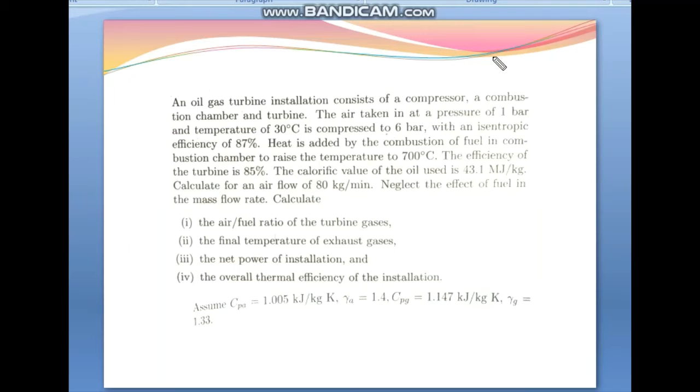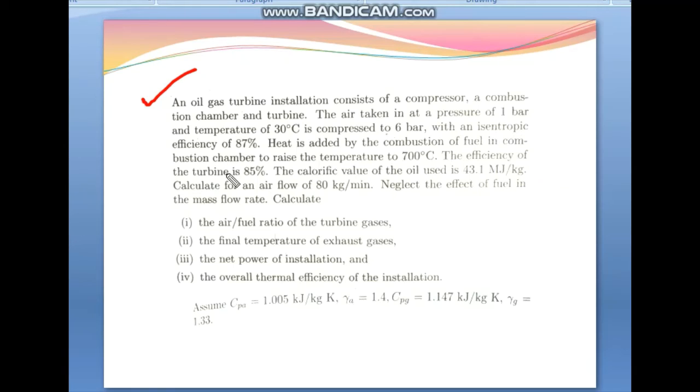So let's solve a numerical. It says that an oil gas turbine installation consists of a compressor, a combustion chamber, and a turbine. The air is taken in at a pressure of 1 bar and a temperature of 30 degrees Celsius, and compressed to 6 bar with an isentropic efficiency of 87%. The heat added by combustion of fuel in the combustion chamber raises the temperature to 700 degrees Celsius.